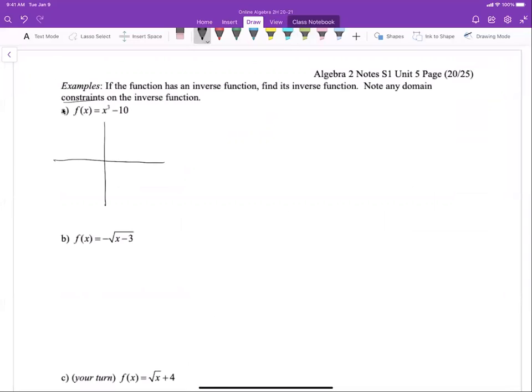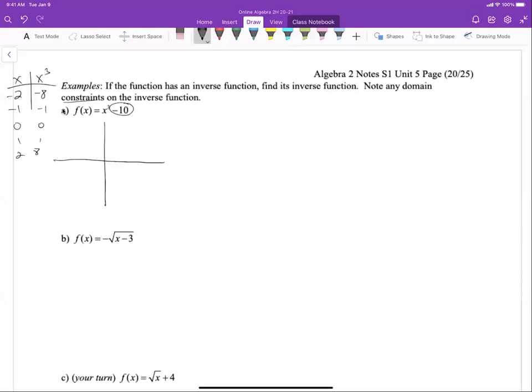The first thing you need to do is sketch what that x cubed minus 10 looks like. x cubed, if I have -2 and I cube it, I get -8; -1 gives -1; 0 gives 0; 1 gives 1; 2 gives 8.